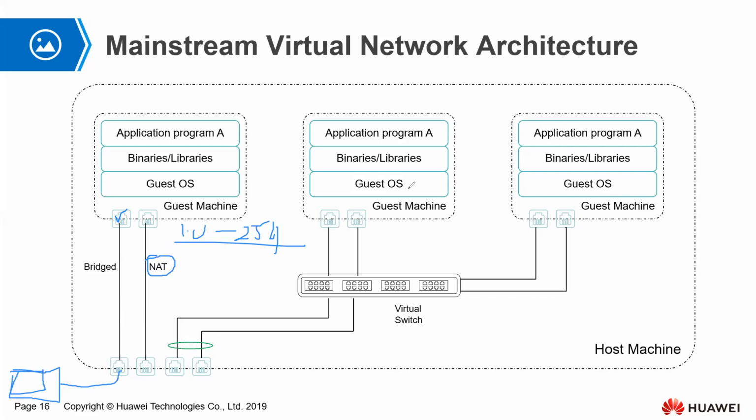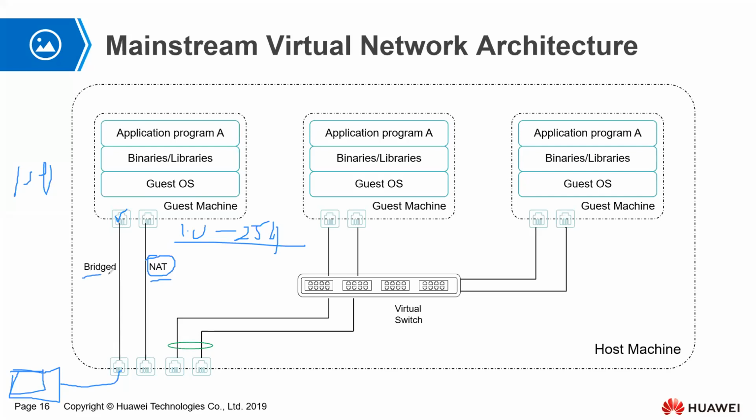When the packet comes back, it is retransmitted to the IP of that virtual machine. This means you don't need to buy so many IP addresses from your ISP, because you don't have to assign a physical network IP address to each machine if you're using NAT.